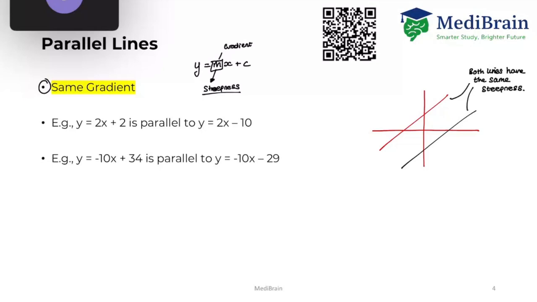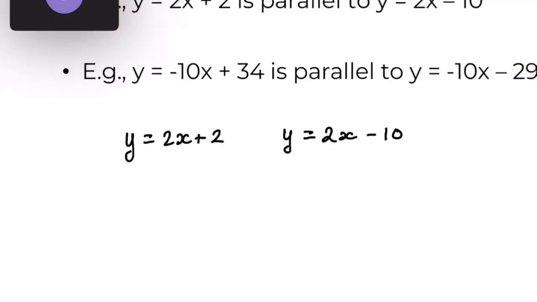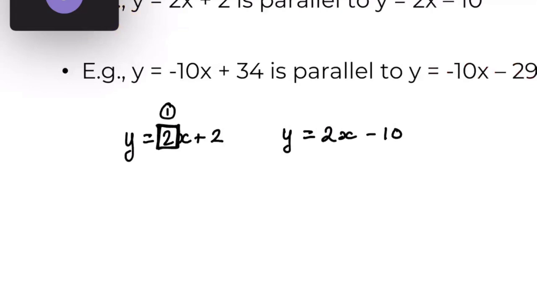If we have a look at this first example, we have y equals 2x plus 2, and then we have y equals 2x minus 10. What does this mean? This means that line 1 has a steepness of 2, and line 2 has a steepness of 2 as well.